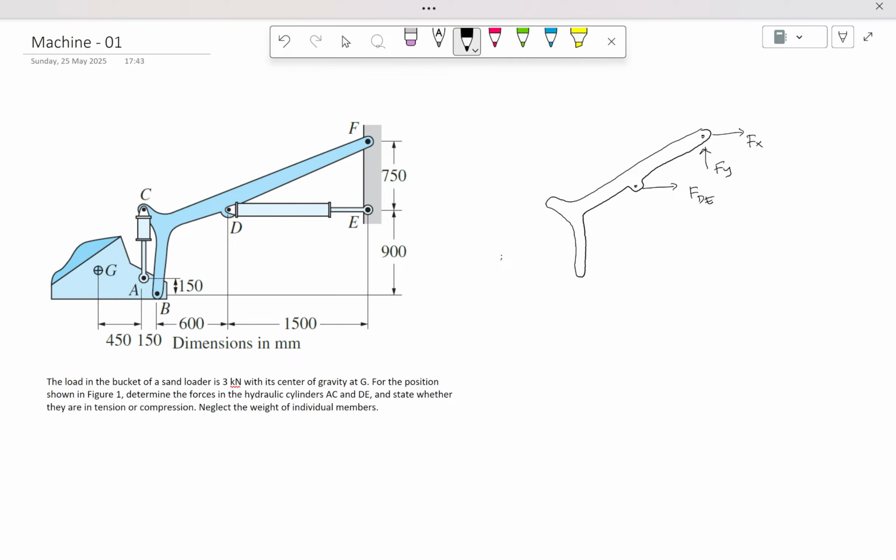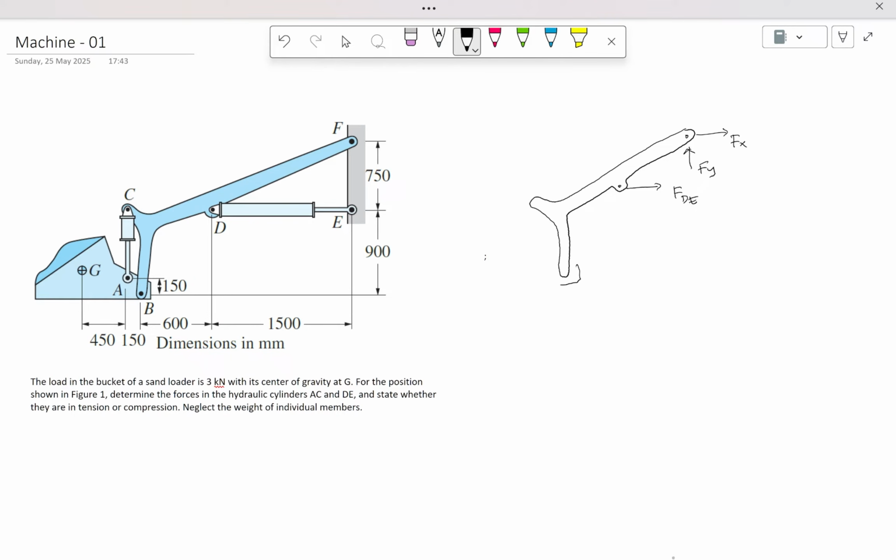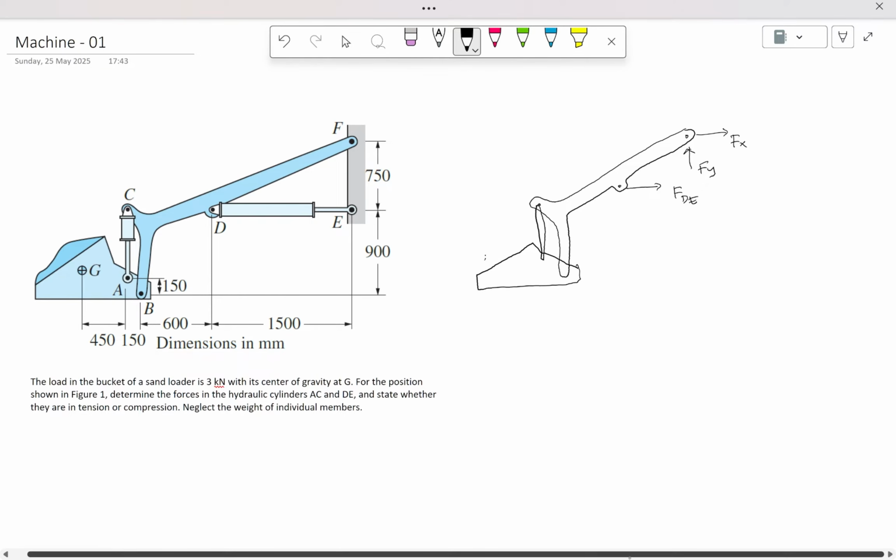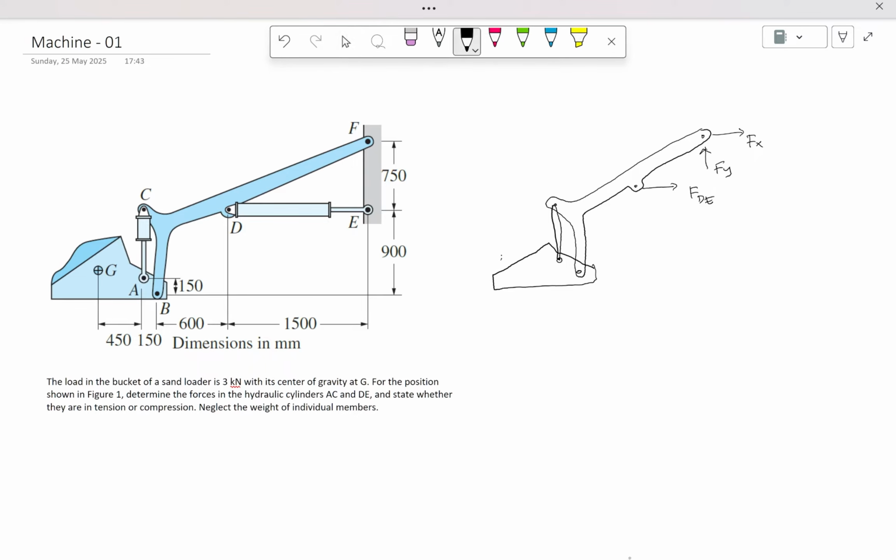For the bucket, you can draw a simple thing like this. Let's call it a hydraulic, and this is G that has a weight of 3 kilonewtons. We have all the dimensions. Sorry, this is not a good hydraulic, but assume this is the hydraulic.